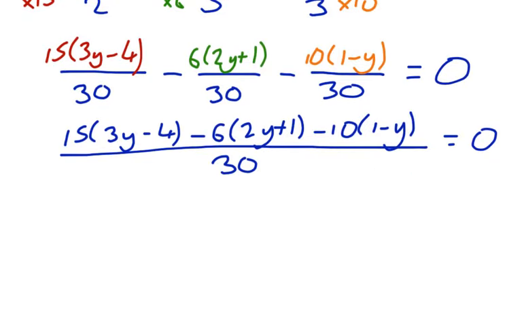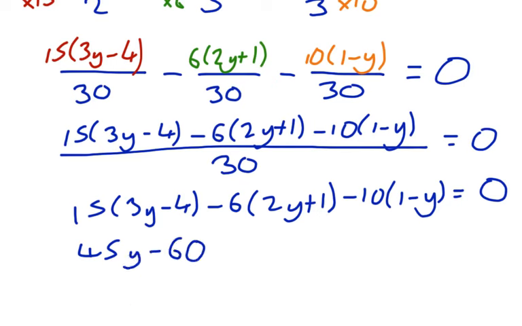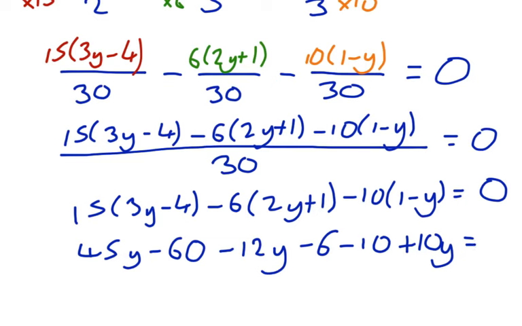We need to get rid of that fraction, so we multiply by 30, leaving us with the numerator on the left hand side and on the right hand side 0 times 30 is just 0. Now we've got to expand all these brackets. We get 45y - 60 - 12y - 6 - 10 + 10y equals 0.